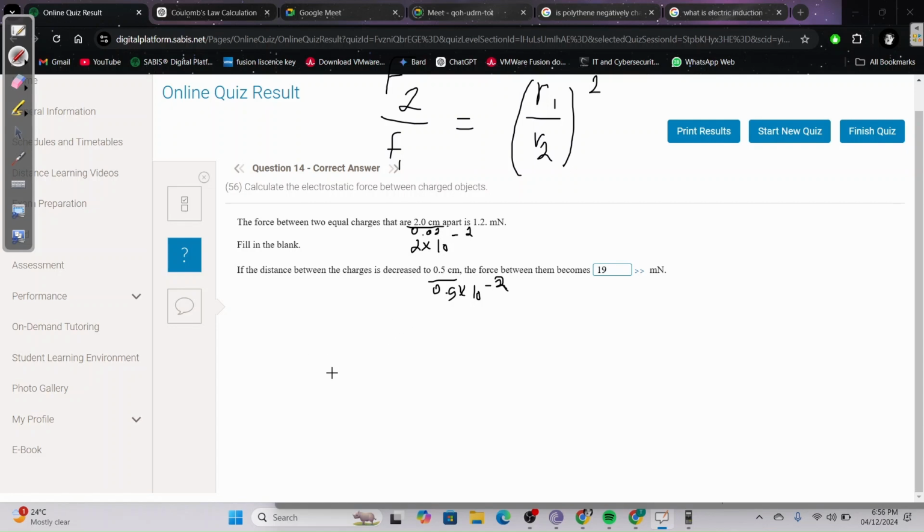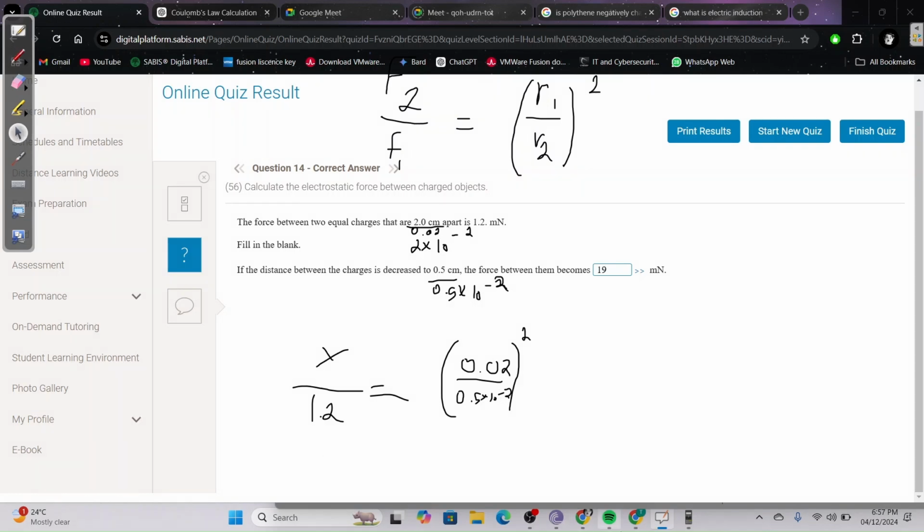F2 is x, F1 is 1.2, equals, in brackets, R1, which is 0.02, over 0.5 times 10 to the power of negative 2.